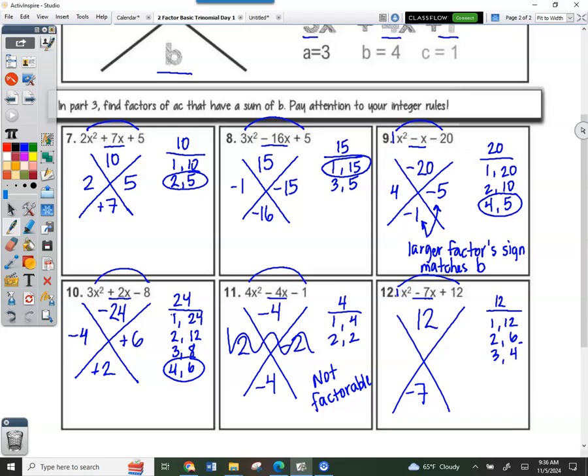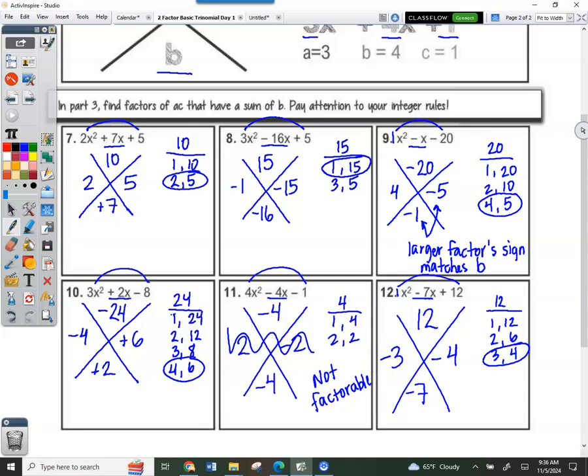It'd be 3 and 4. Copy the sign of B to the bigger number to help you get there. Now, if I leave it like this, I've got a problem. They're multiplying to give me a negative. I need a positive, which means this needs to be negative, and then now it works.